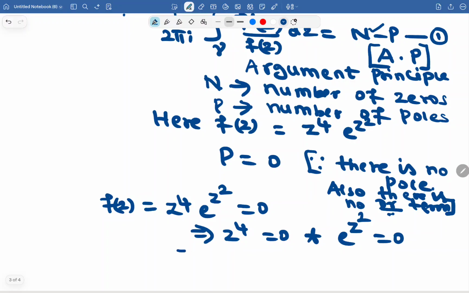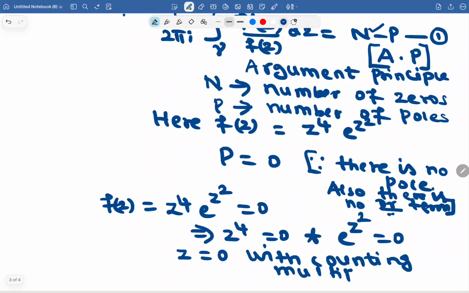Z power 4 equal to 0 implies z equal to 0 with multiplicity 4.